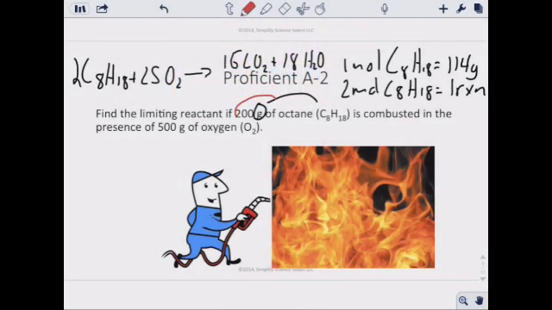Okay, we go ahead and set this up. Start with what it gives us. It gives us 200 grams of octane. So 200 grams of our C8H18.